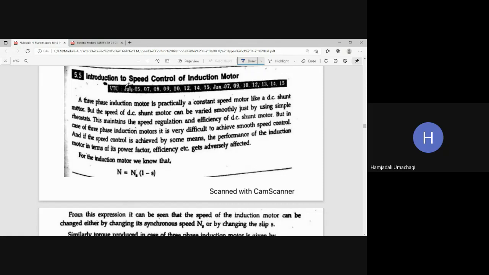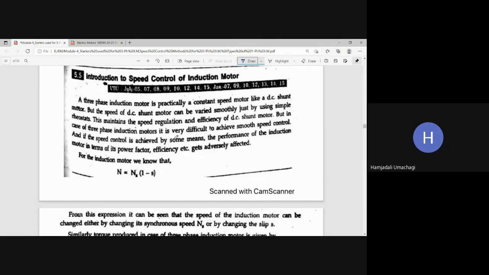But if we want to control the speed of the three-phase induction motor smoothly, then we can have the speed control smoothly. But see that when we are changing the speed, the other factors of the three-phase induction motor like power factor and efficiency are going to get affected.